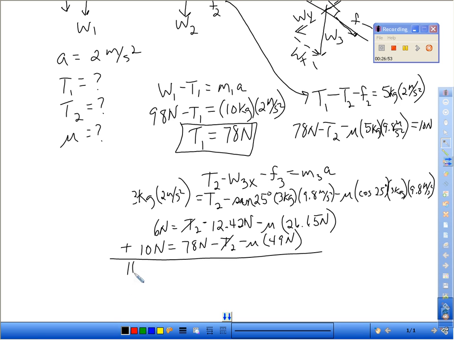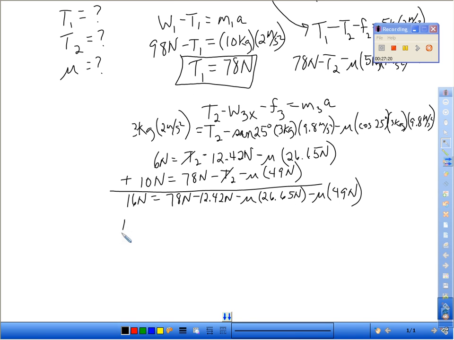So now I have 16 newtons equals 78 newtons minus 12.42 newtons minus mu times 26.65 minus mu times 49. Now I only have one unknown left.